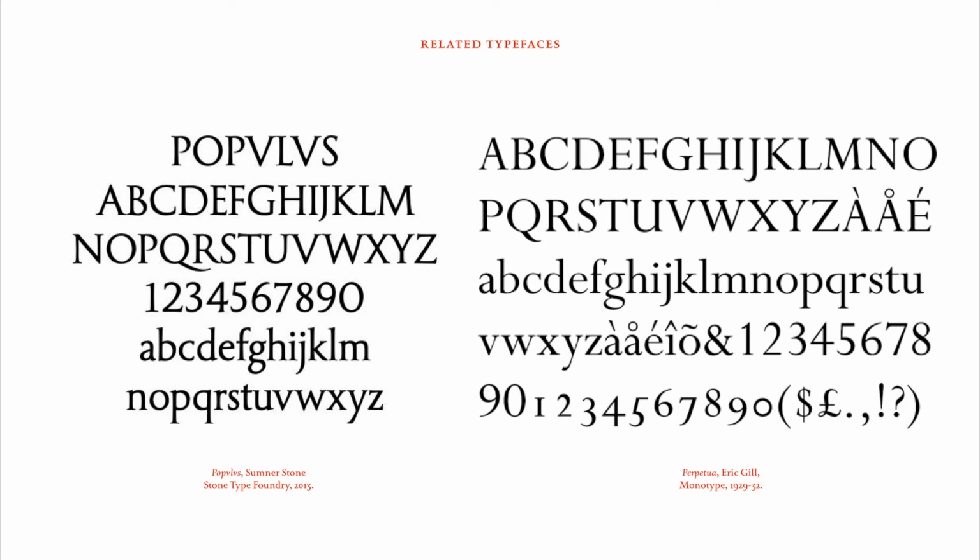Because we are different persons with different backgrounds and histories, but we still share ideas. On the other hand, I always loved Perpetua despite Eric Gill's controversy. The BPDQ letterforms are very peculiar. And this feature is also very specific to my project.